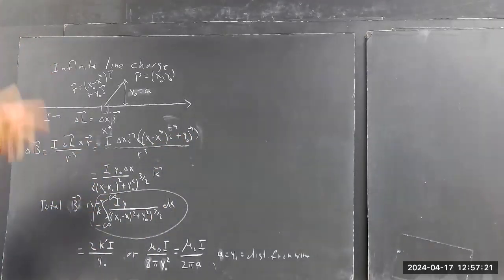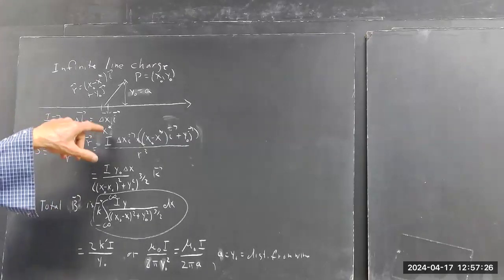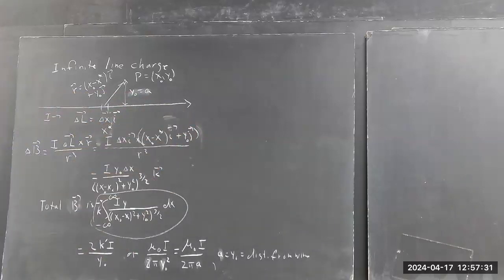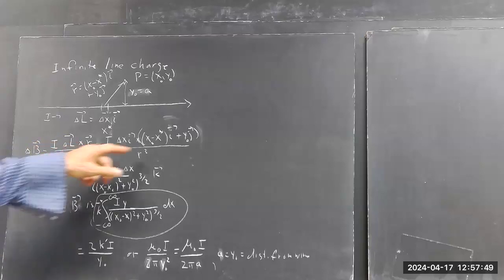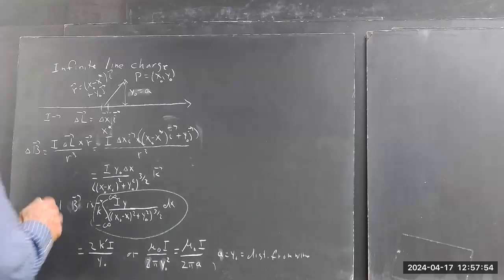Okay, so very simple. Your delta L vector is delta x times your i vector. In other words, delta L is in this direction, and your current is in this direction, so I delta L is positive. It's I times delta x i, crossed with your R vector. I left my K prime off of this.